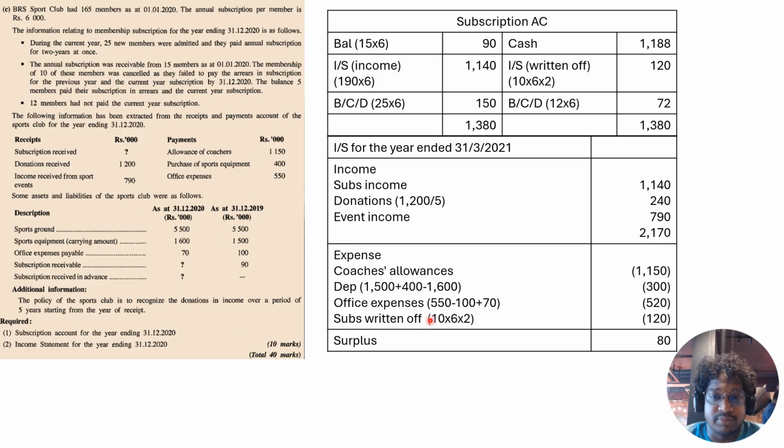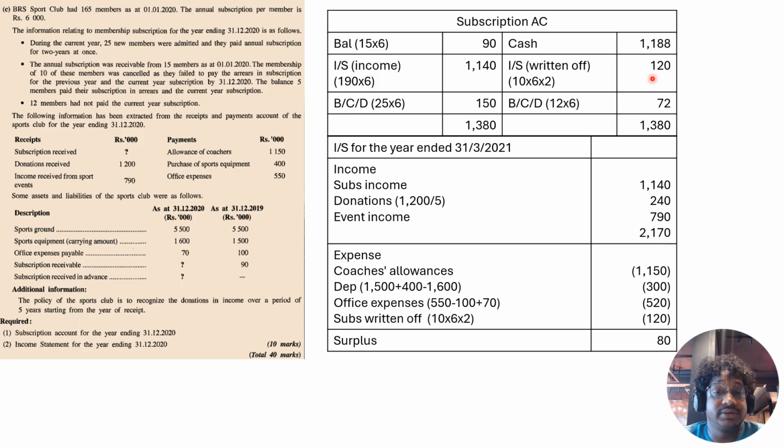So the total is how much? There were 10 members and they failed to pay subscription for the last year and also for this year. So 10 into 6 into 2. Why do you have to multiply that by 2? Because these 10 members failed to pay subscription for the last year and also for this year as well, right? So the total subscription that you have to write off is 120.